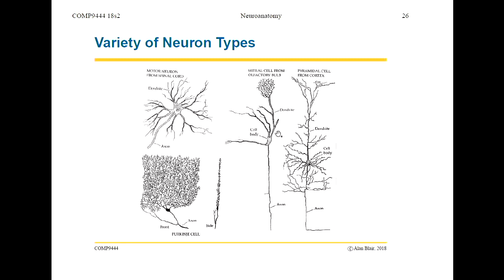These are just a couple of other examples. This here is from the olfactory bulb, which has to do with the sense of smell. You can see the dendrites at the top there. Those dendrites are receiving signals from other cells, and then this is the axon.